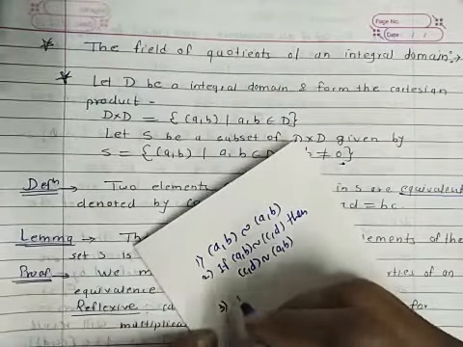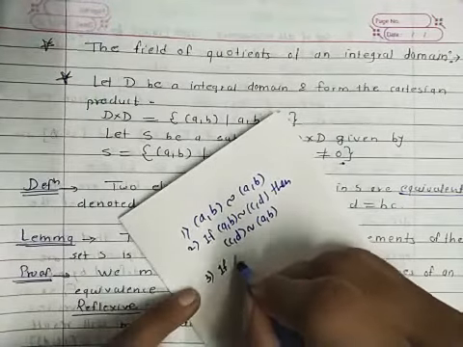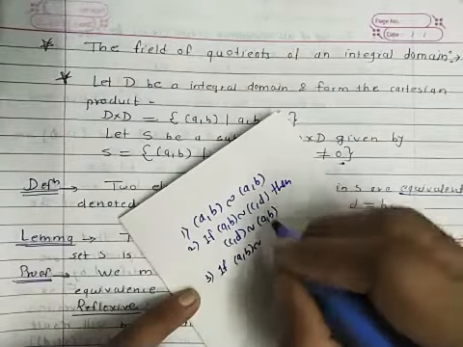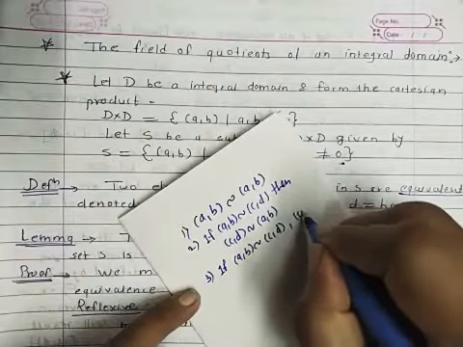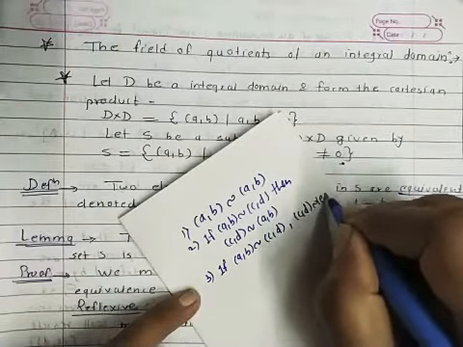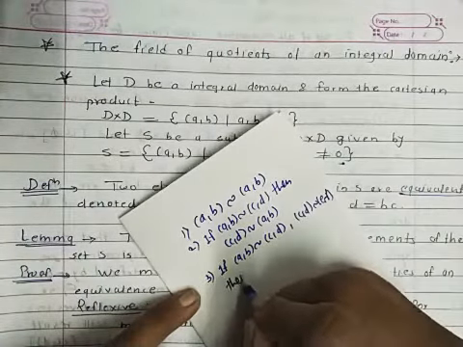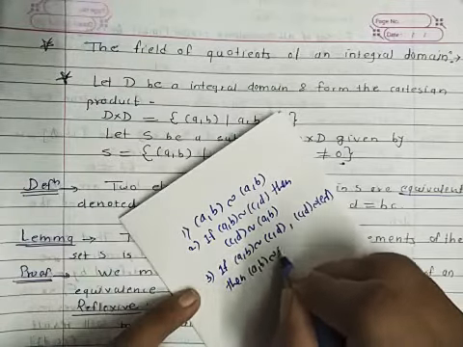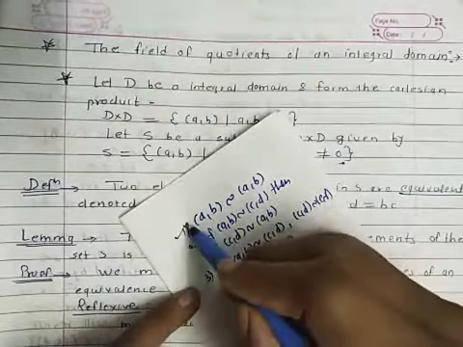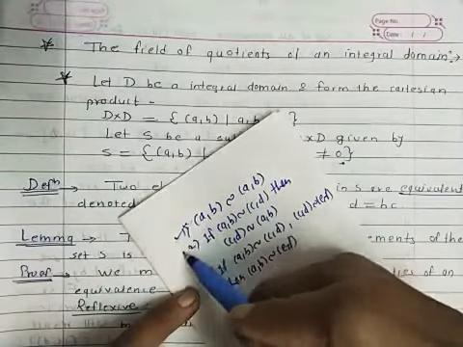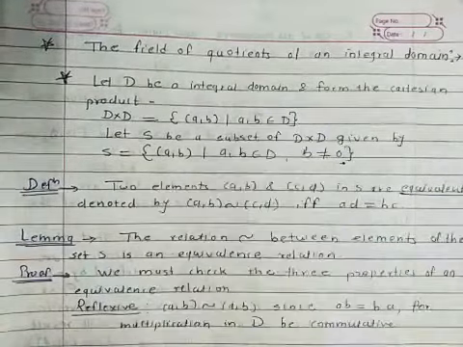And third, transitive: if (a, b) is equivalent to (c, d) and (c, d) is equivalent to (e, f), then (a, b) is equivalent to (e, f). So this relation is an equivalence relation: reflexive, symmetric and transitive.